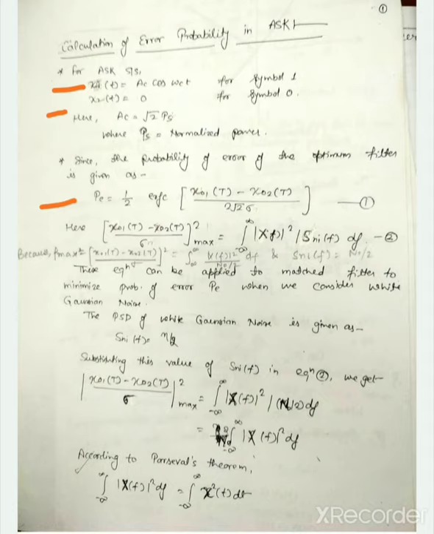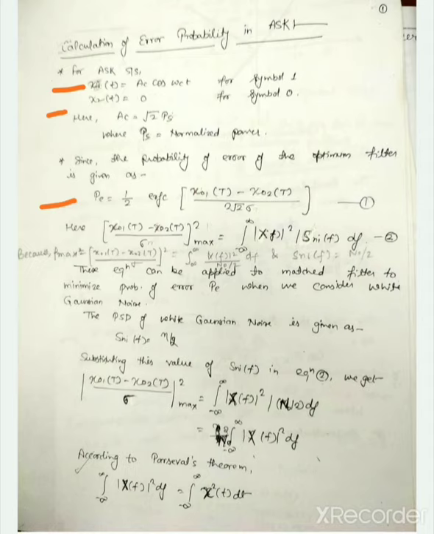We have assumed that when the signal was transmitted from the channel to the receiver after modulation was done, in the channel noise was introduced in the transmitted signal. The nature of this noise is additive white Gaussian noise. That means this noise is additive in nature, that means it will add to the transmitted signal.